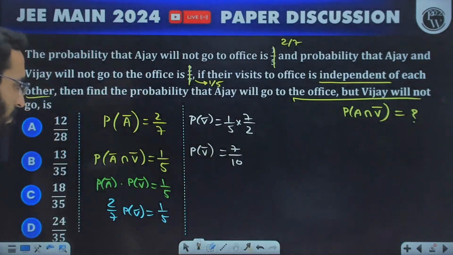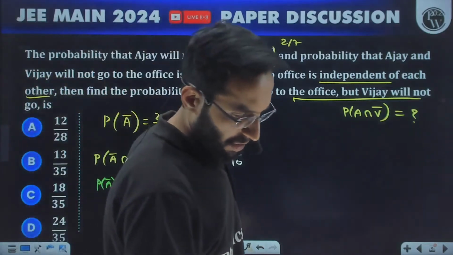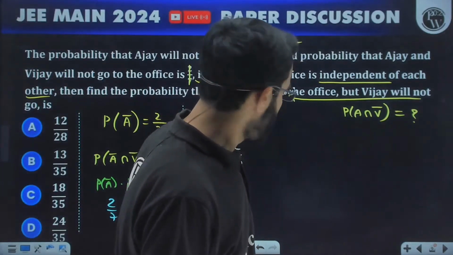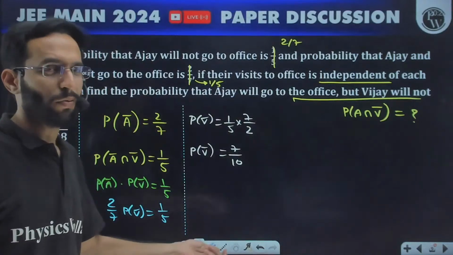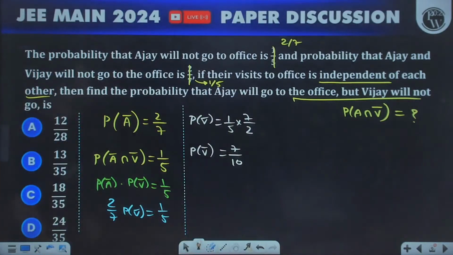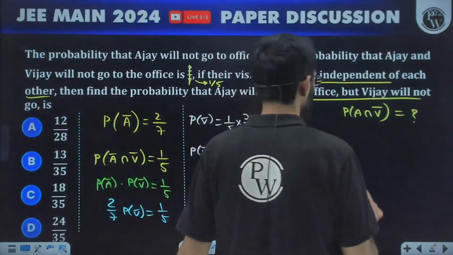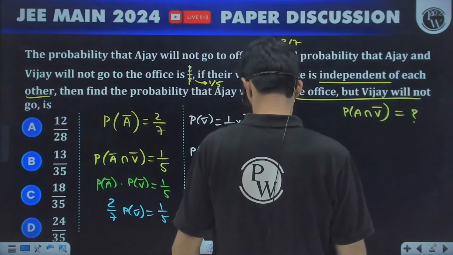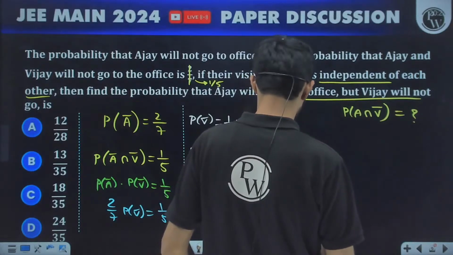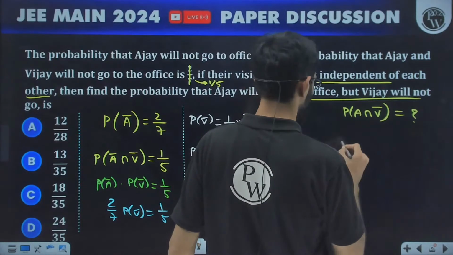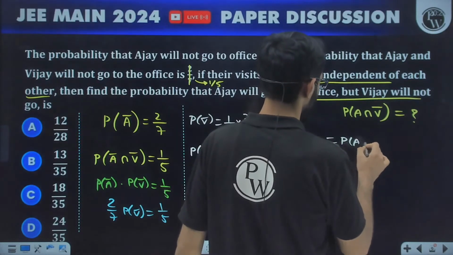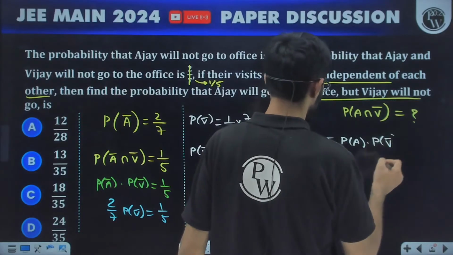Hope this is clear to you. Now, once probability of V bar is clear, from probability of V bar and probability of A bar, we can find probability of V and probability of A easily, right? But what we want is probability of A into V bar. So this will become probability of A into probability of V bar. Check please.